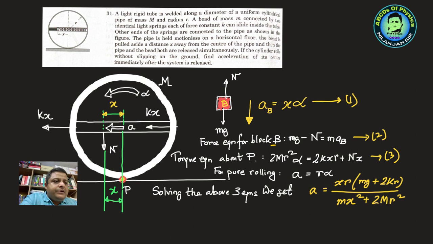And next, for pure rolling, a equal to r alpha, let's name that equation 4. Now I'll leave that work up to you. Solving the 4 equations, what you get is what I have written here. The answer: a equal to xr(mg plus 2kr) divided by this and this.